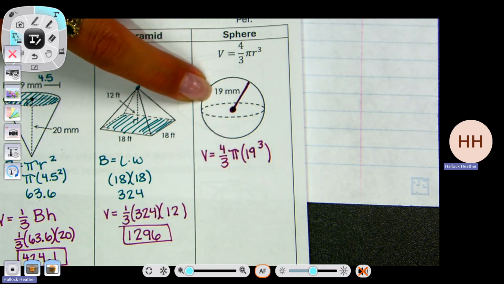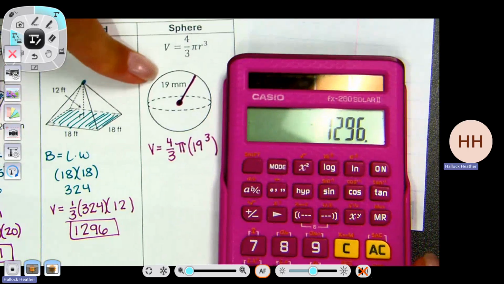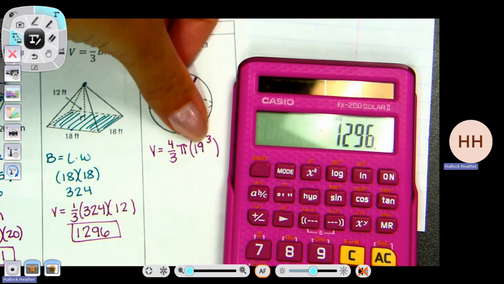So don't be scared. Do we know how to put cube in our calculator? Okay, I'm gonna show you. There are 2 buttons you can use.